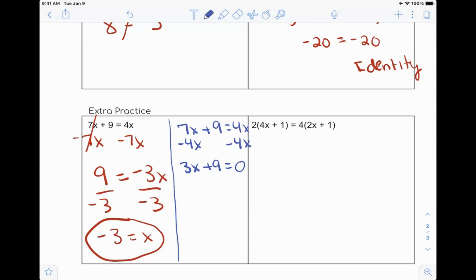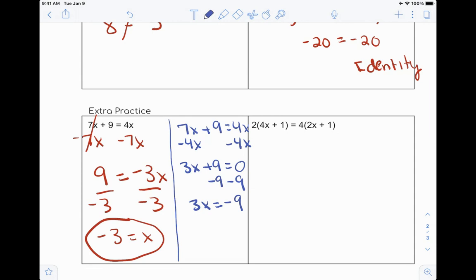So I have 3x plus 9 equals 0. So in order to solve this, I have to get x all by itself, which means I need to remove the 9 and the 3. So the first thing I'm going to do is subtract 9 from both sides, and I'll have 3x equals negative 9.